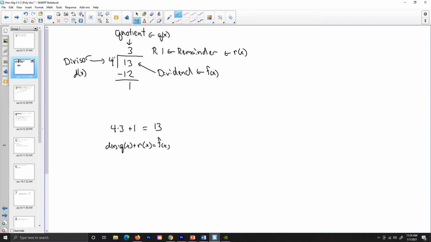Therefore, I would say that 4 does not divide 13. But if I go 4 divided into 12, 4 goes into 12 3 times. So if I put a 12 there and I subtract, I get a 0. So while 4 does not divide 13, 4 does divide 12 because there's no remainder.